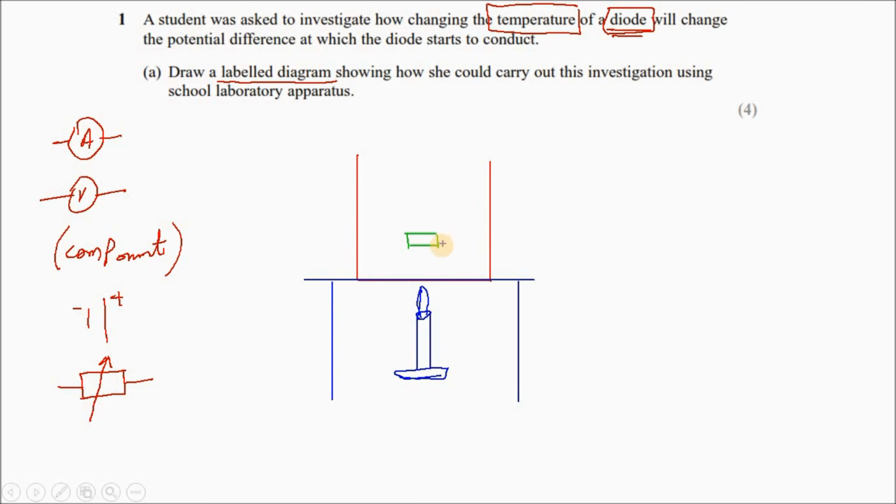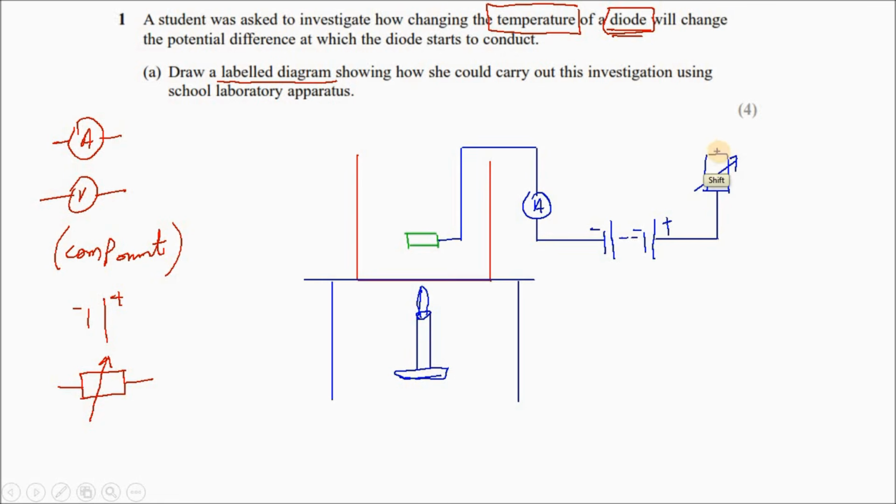So the idea is you can use an ammeter, and then you can add a power supply, something like this, and then you can connect a variable resistor, to change the current or control the current.